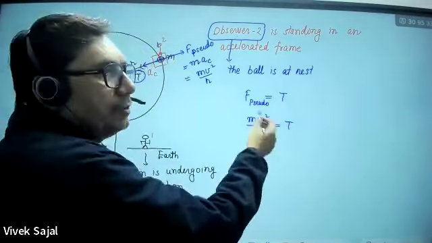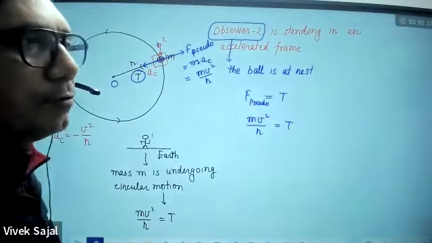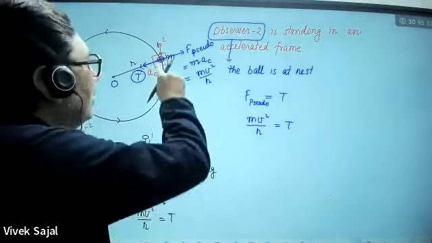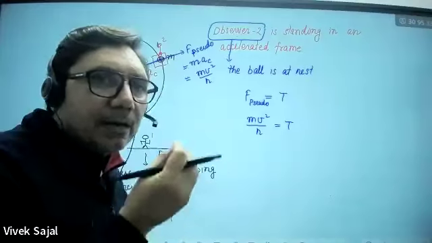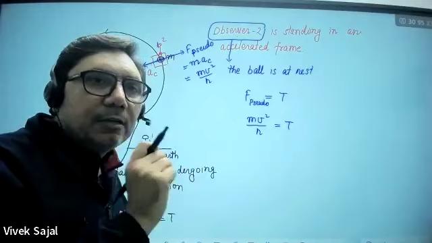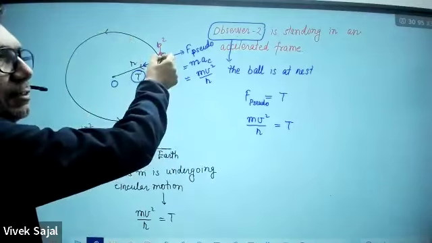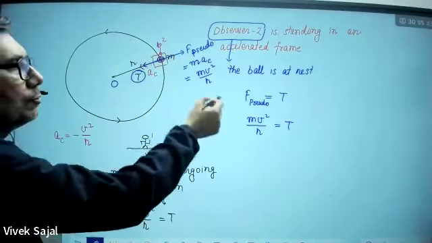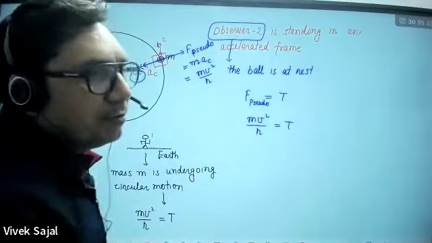What do you call this m v square upon r? The pseudo force. When you are solving the problem in the accelerated frame, you apply a pseudo force to balance this tension T so that the ball is at rest according to the justification of this person. You call this pseudo force a centrifugal force.